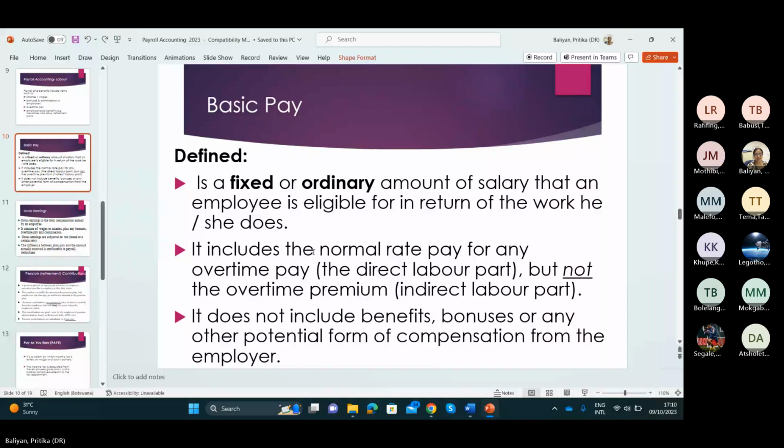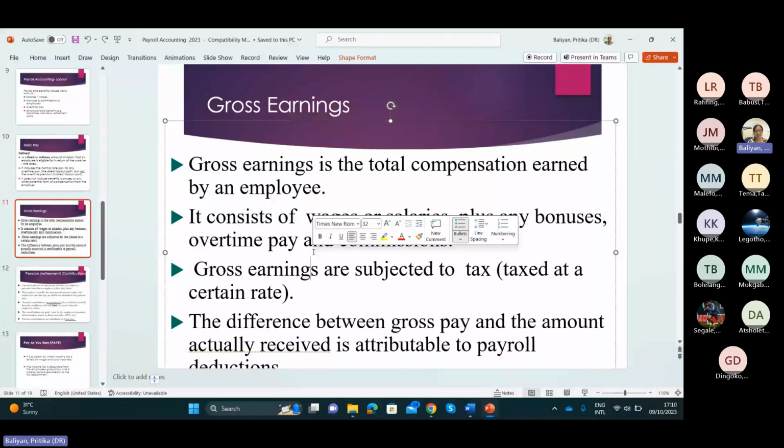Then when we add to the basic pay the bonuses, overtime pay or premium, commission, all these, the sum of it is known as gross earning.